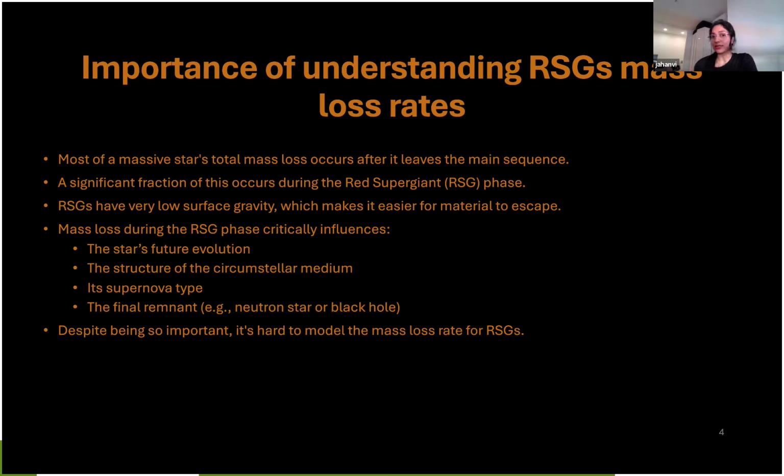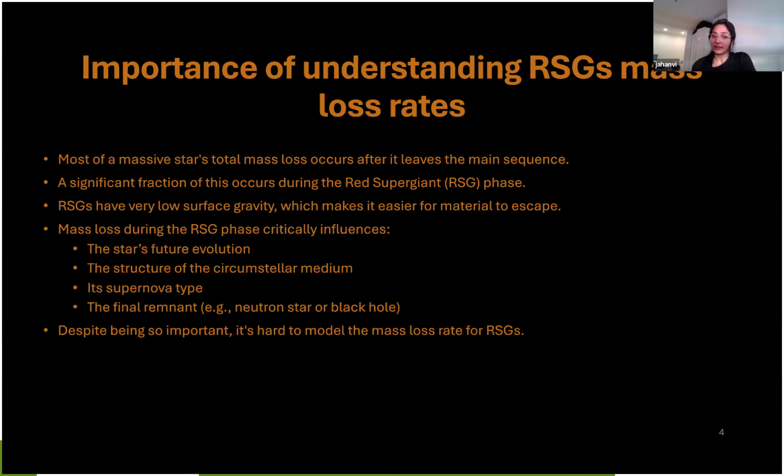Now, this mass loss critically influences the evolution of the star, based on how much mass it is losing during that period. And because it's losing a lot of mass, it is also contributing to the circumstellar medium by dust formation and so on.